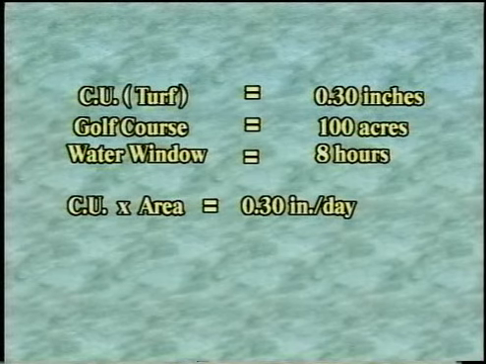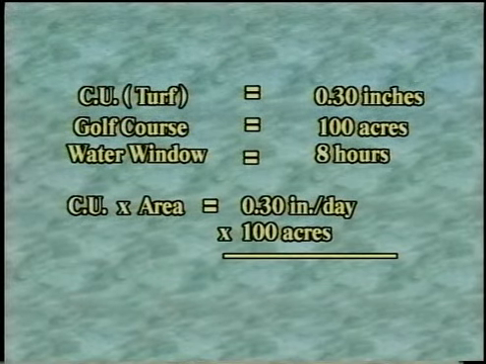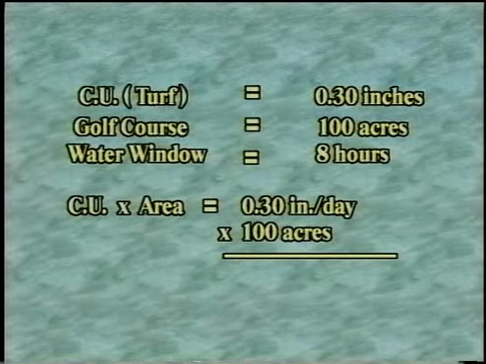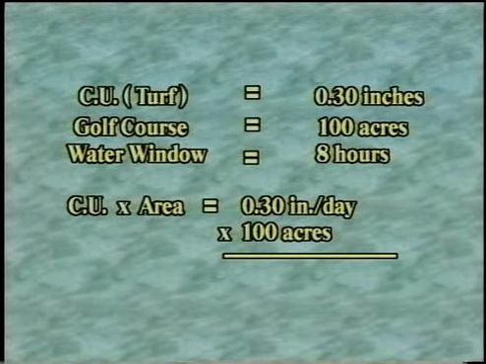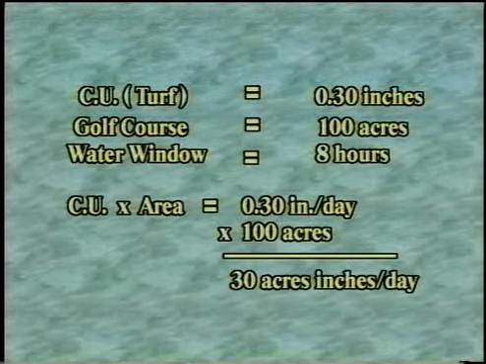And so we're going to have 0.30 inches times 100 acres, which will equal, oh, this is per day, inches per day. Make sure we get a time in there. So that's going to be 30 what we call acre inches per day of water.